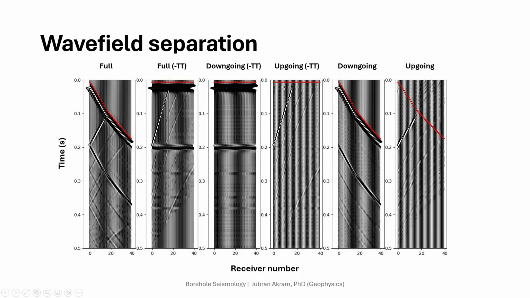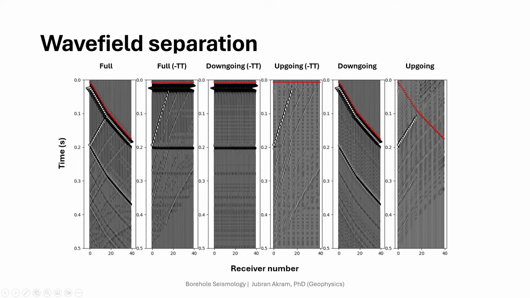Next, we could subtract these peak times so that everything is aligned at one point. We could see the direct arrivals are all aligned horizontally, and the upgoing waves we could see as well.